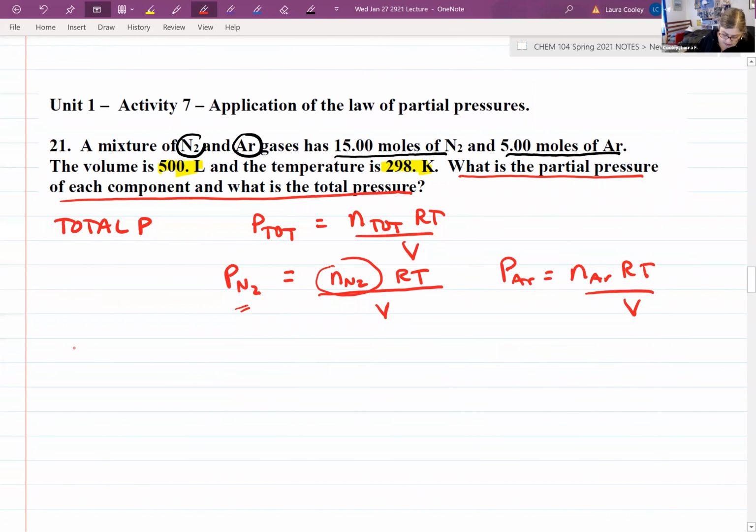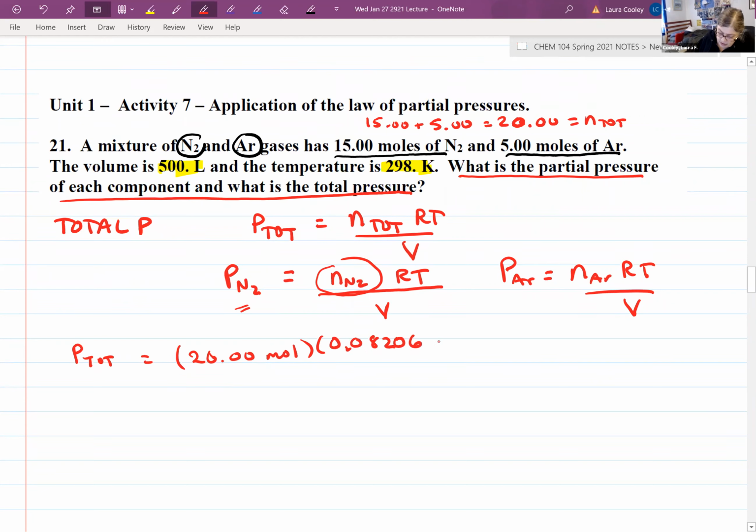Okay, so let's just calculate the P total. So if you add up the moles, 15 plus 5, that's 20. That's N total. So it's just 20. R is 0.08206.